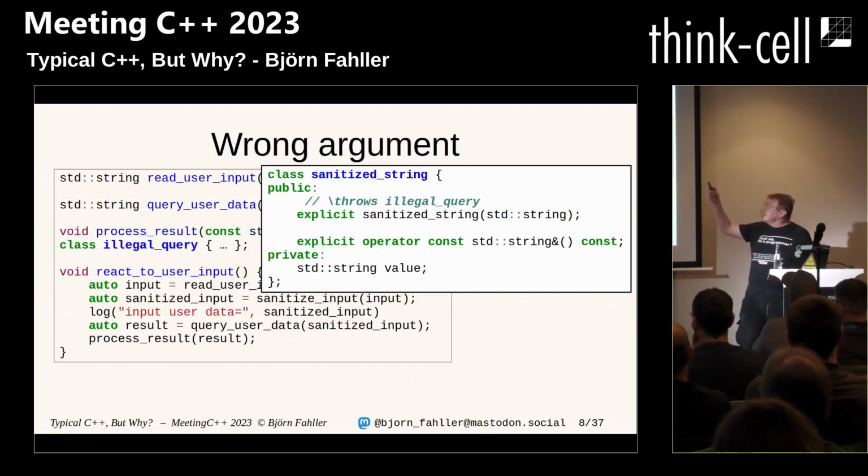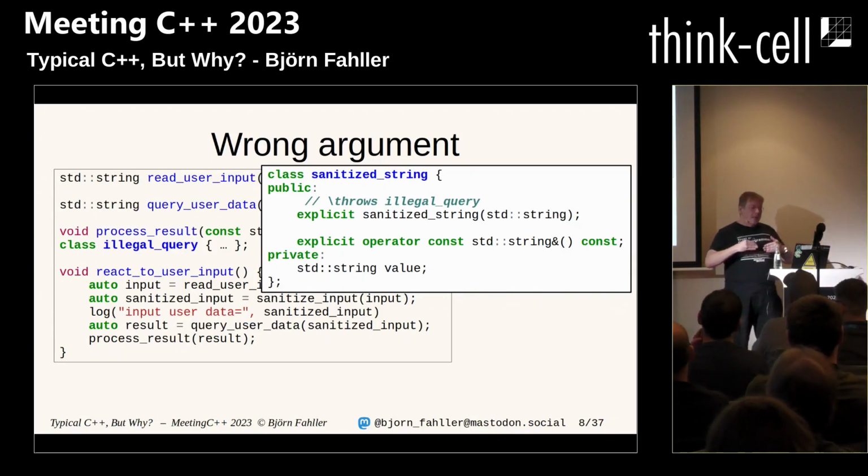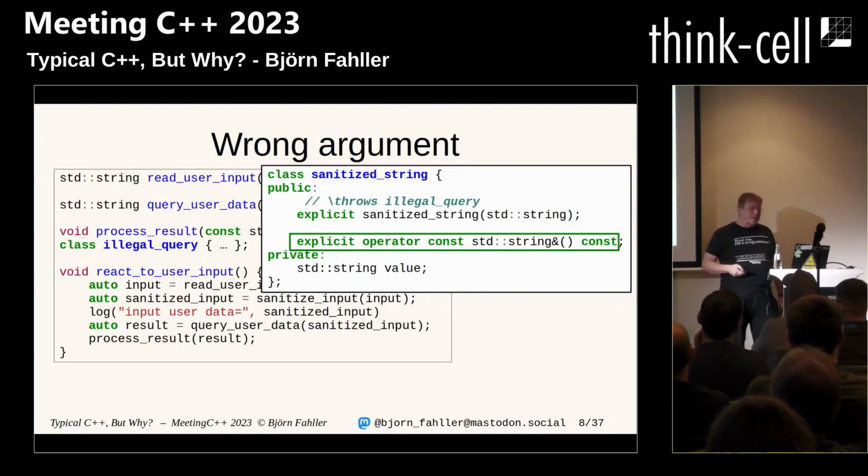We can do a little bit better, though. How about creating a real sanitized string type that does something a little bit more? So this thing in the green box here is a conversion operator, if you have not seen those before.